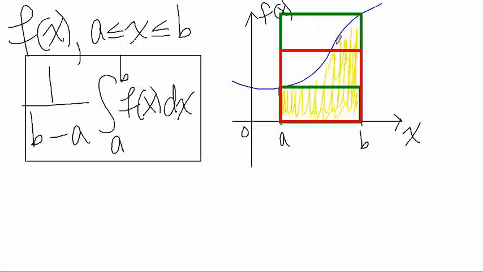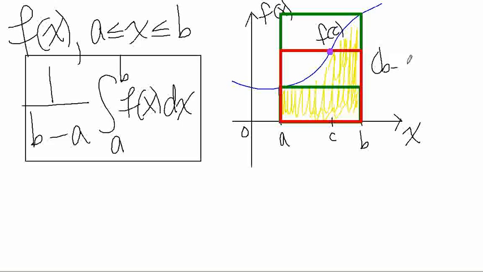Okay, so let's assume that the height of that red rectangle corresponds to some function value f of c for some c value, okay? And we can calculate the area of that red rectangle using its length and width.